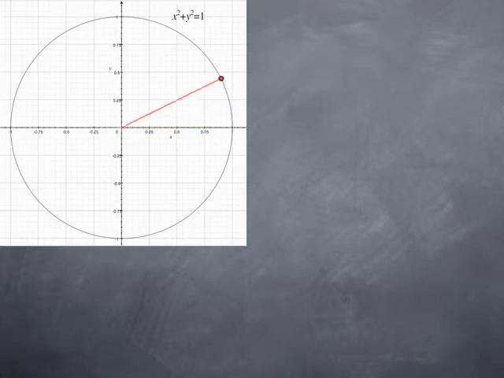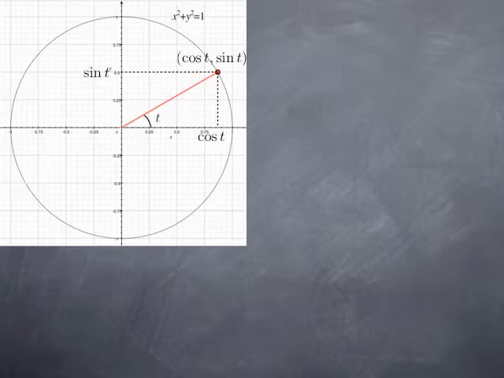So if we look at a particular position in this motion, here we have angle t measured in radians, and the corresponding point on the unit circle has coordinates cosine t, sine t. In other words, x equals cosine t and y equals sine t is a set of parametric equations for the circle, and if we restrict the parameter t, which in this case is the angle of rotation, to the interval 0 to 2 pi, that corresponds to describing this curve once in the counterclockwise direction.